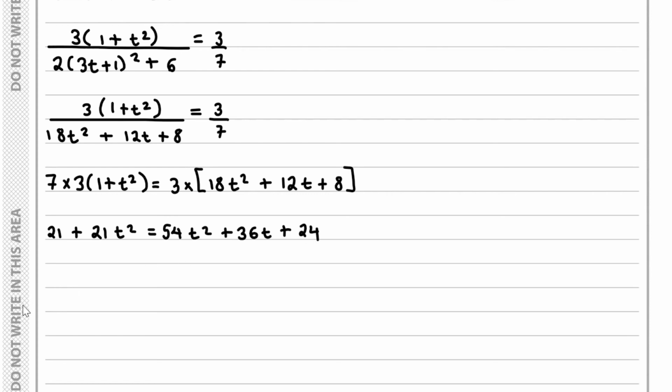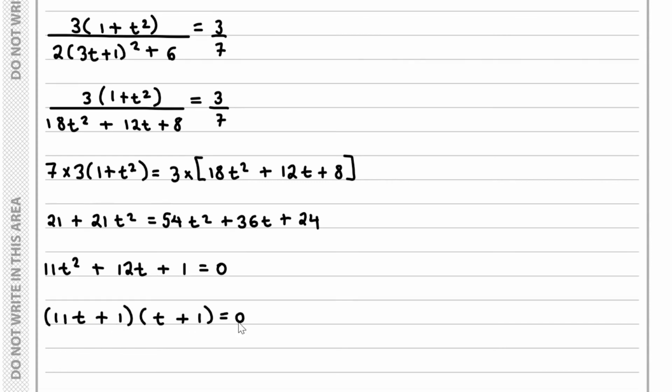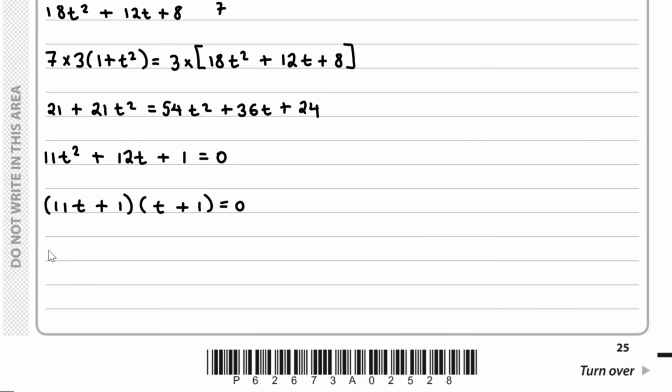And if we take everything over to one side, you'd find we get 11t squared plus 12t plus 1 equals 0, from which you can see 11t plus 1 lots of t plus 1 equals 0, and if we solve for t, t is either equal to minus 1 or minus 1 over 11.